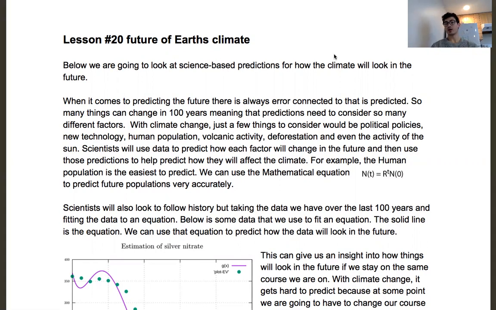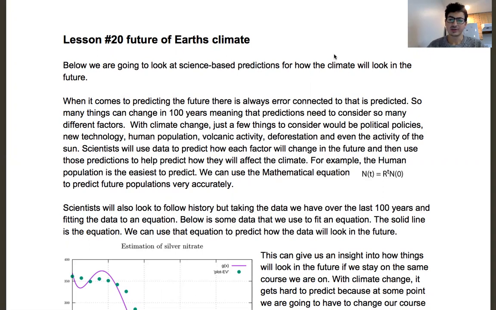If the sun warms up, which it slowly is, that's something we have to account for, that the sun is becoming more and more powerful. We want to take all these factors and weigh whether they're going to be a positive or negative factor. So let's say new technology comes out and we're able to pull more CO2 out of the atmosphere than we have been before. Well, we need to account for that.